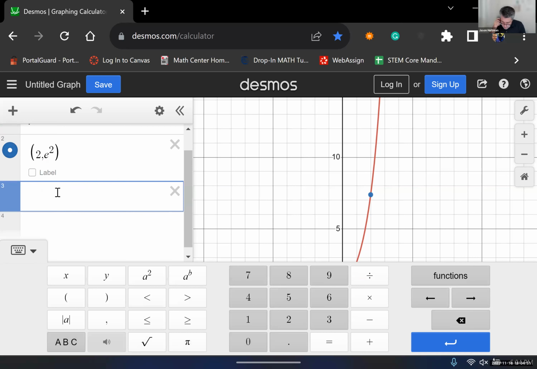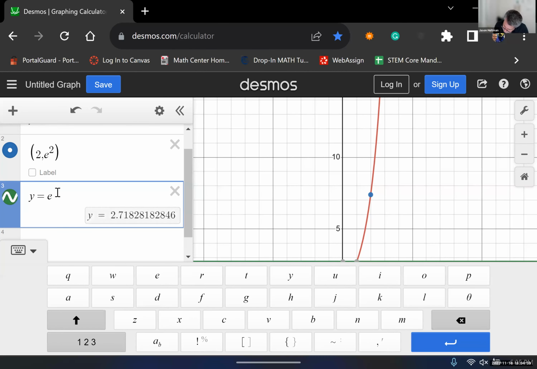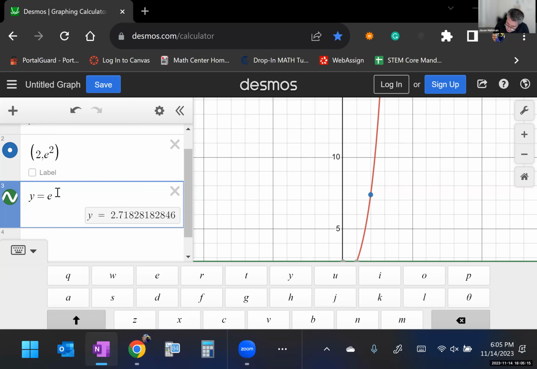So if I go y equals e to the second power, and to save myself from having to write e to the second power over and over again, let's go back to the notes real quick.